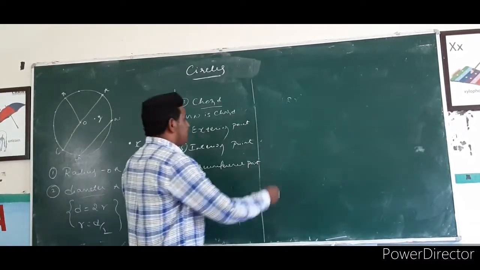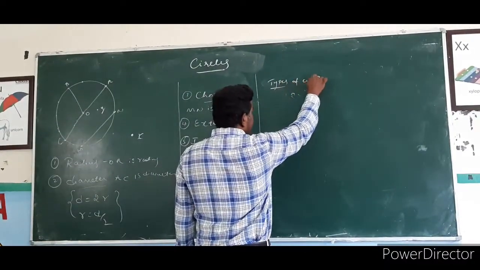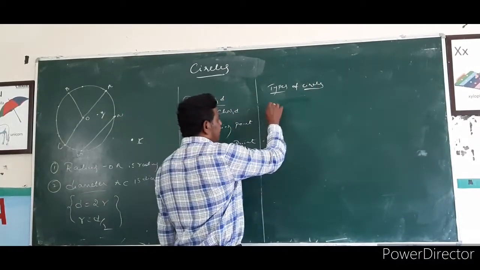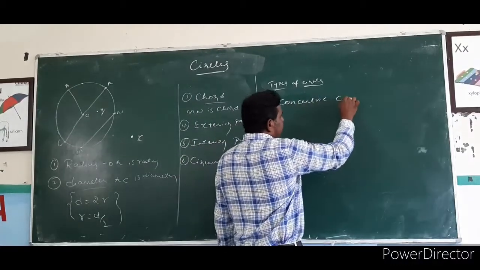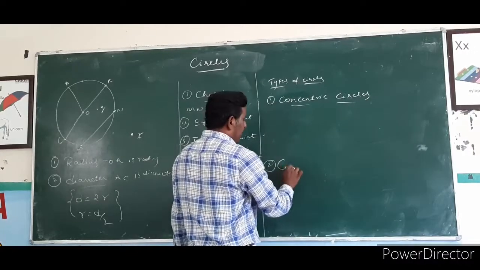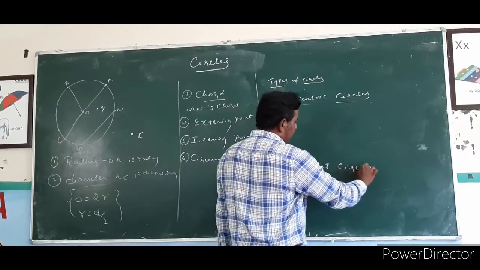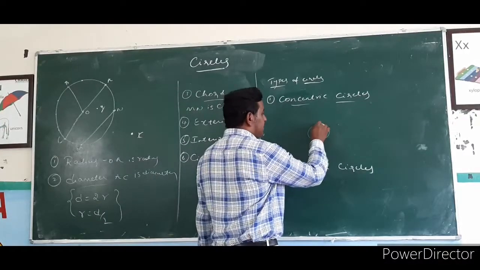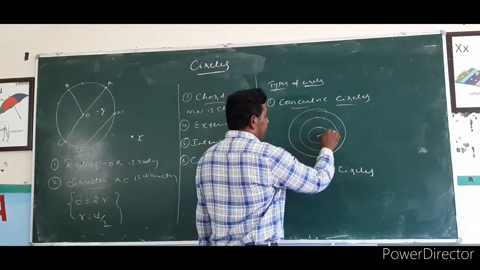Next one, types of circles. Not types exactly, but two kinds of circles are there. One is concentric circles, second one is congruent circles. Concentric circles means two or more circles having the same center but different radii.